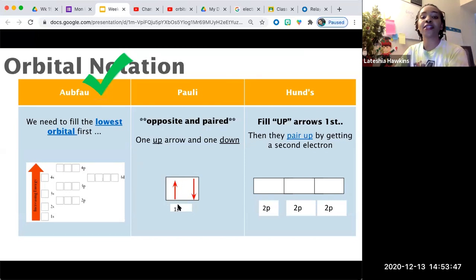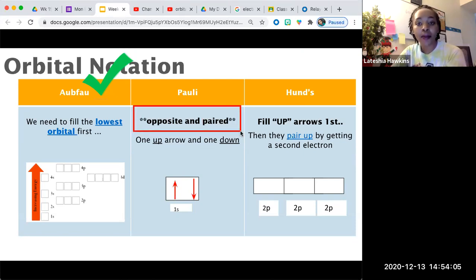Now we're going to take the last 2 rules and tie them in with the Aufbau principle that you've used in order to write your configurations. The Pauli exclusion rule says your electrons are always opposite and paired.